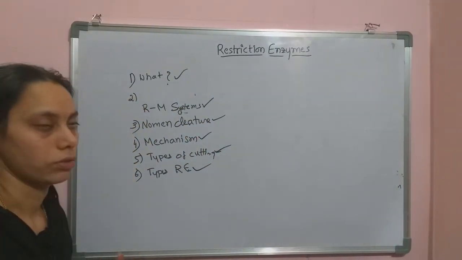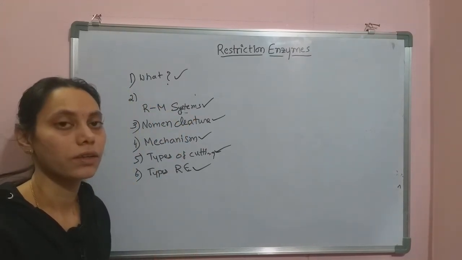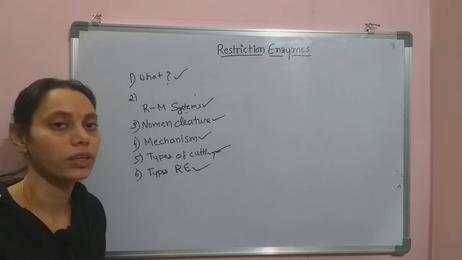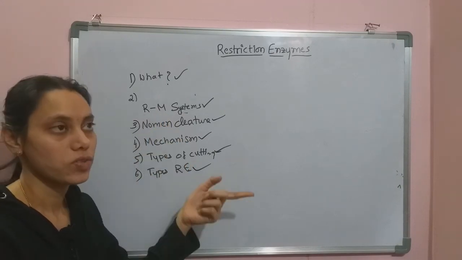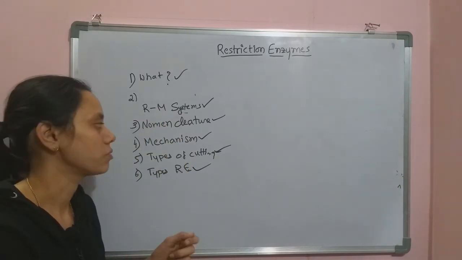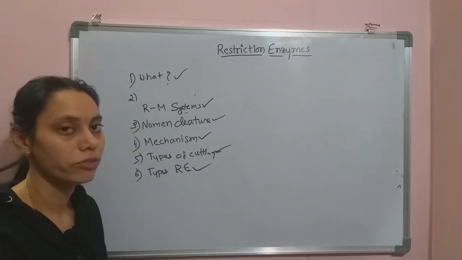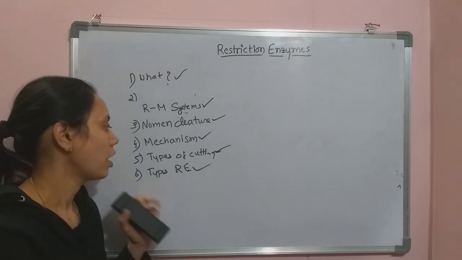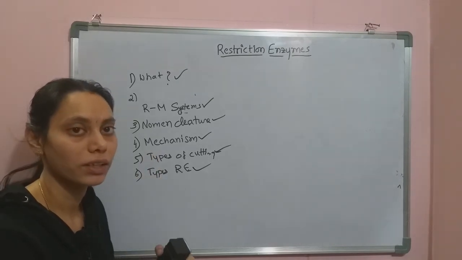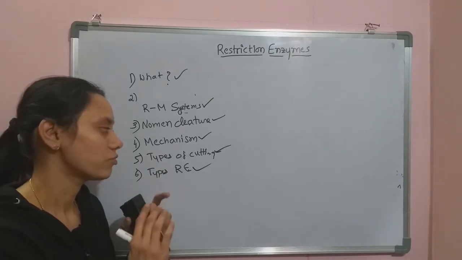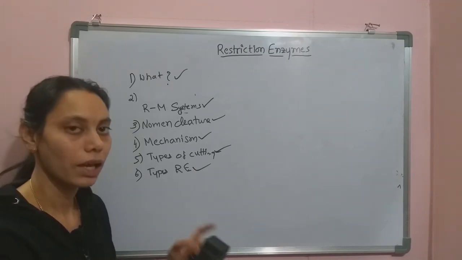In this video we discussed what exactly restriction enzymes are and their molecular biological significance as well as their biological significance. We discussed R&M systems, that is restriction and modification systems, and we went through the nomenclature, how we name the restriction enzymes, followed by the mechanism of restriction enzyme action, that means how they cut the DNA, followed by different types of cutting, and lastly different types of restriction enzymes.